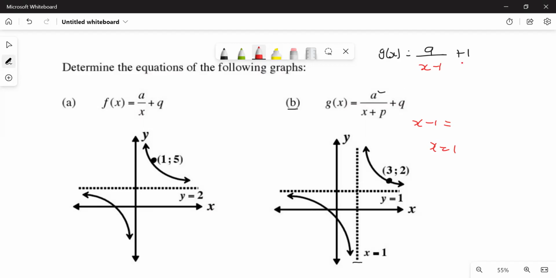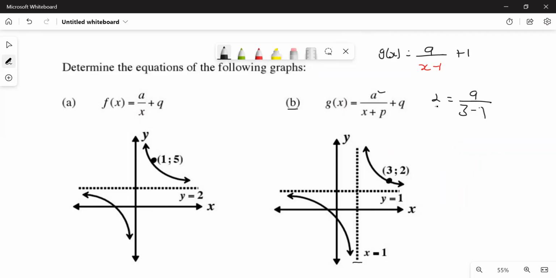Okay, now that we have these two, the only one still missing is A. How would I then get A? I'm going to get A by using the point which is given here. I'm given that I have 3, 2. Then I can say I have 2, which is equal to A all over, instead of x here, I put 3 minus 1.